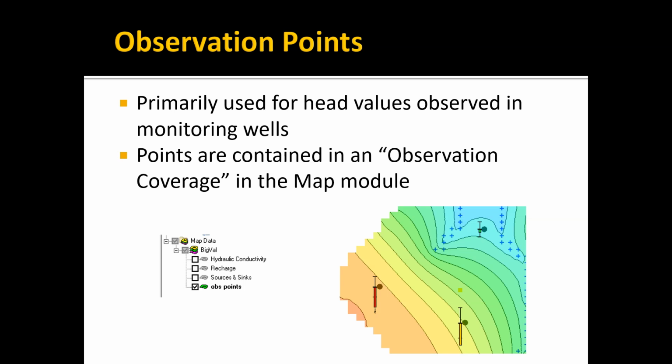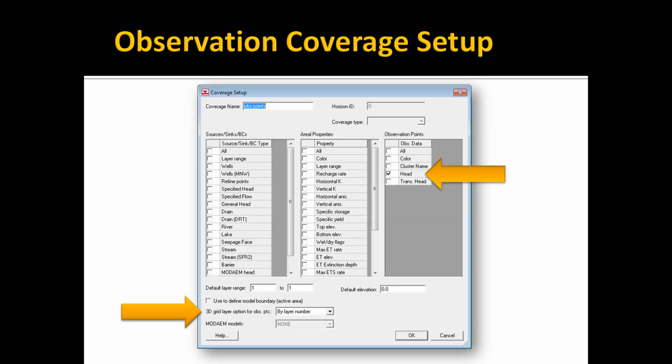We sometimes refer to this as an observation coverage. Basically, it's a coverage containing a set of points where each point is an individual monitoring well that has either one observed head value or a whole series of observed head values over time, depending on if you're doing a steady state or a transient model.